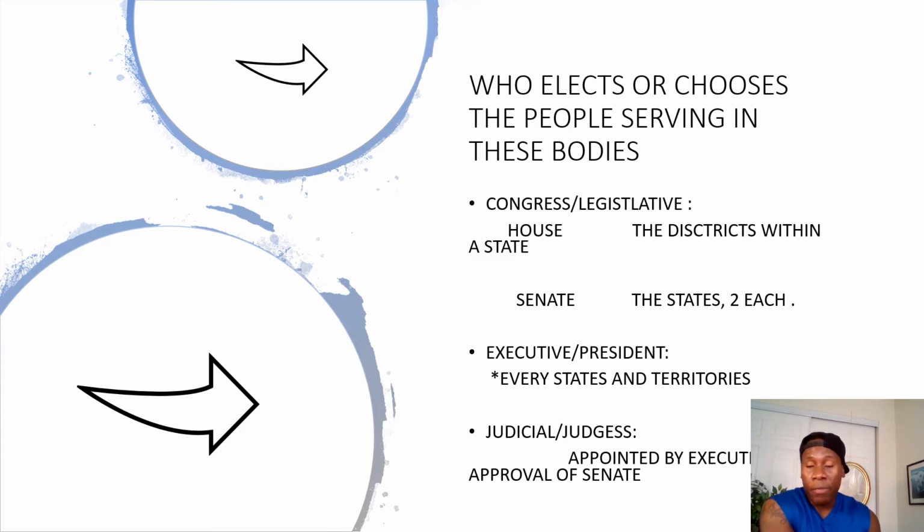There are 435 members of the House. They're the closest part to the people because they're different from the Senate. The Senate represents the states, and the representatives represent the different districts within those states. The executive branch gets elected by everyone within the state as well. And the judicials get appointed by the president.